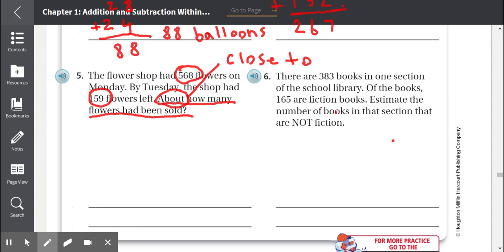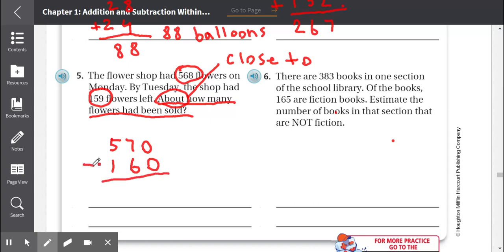So let's see. The flower shop had 568. So let's round 568 to the nearest tens. 568 is between 560 and 570, but it is closer to 570. 159 is between 150 and 160, but it is closer to 160.